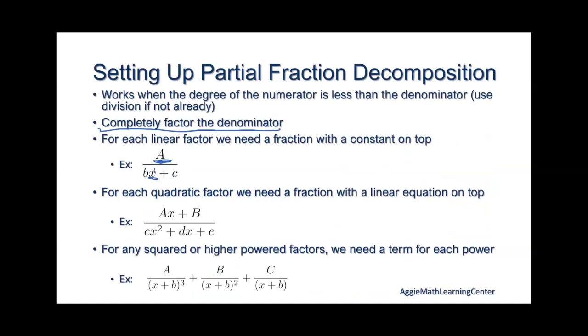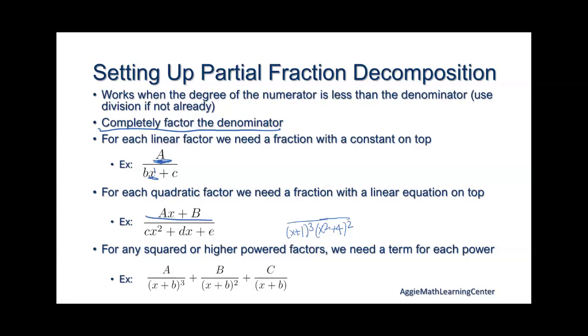A linear factor will have a constant on top, the factor on the bottom. Quadratic factors will have a linear expression on top, factor on the bottom. If there are any factors that have a power on them, like they're repeated, if I had a function that looks like x plus 1 cubed times x squared plus 4 squared, repeated factors, then I would need a term for each power.